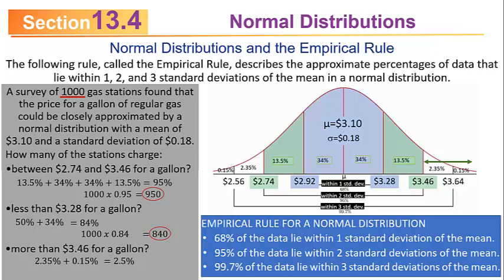So there's almost never just one way to do this, but you choose which way makes the most sense to you. Just be careful that you've pictured the correct group of numbers to add up. In any case, 2.5% is 0.025, so that times 1,000 would be 25. So you can expect there would be about 25 stations selling gasoline for more than $3.46 per gallon.